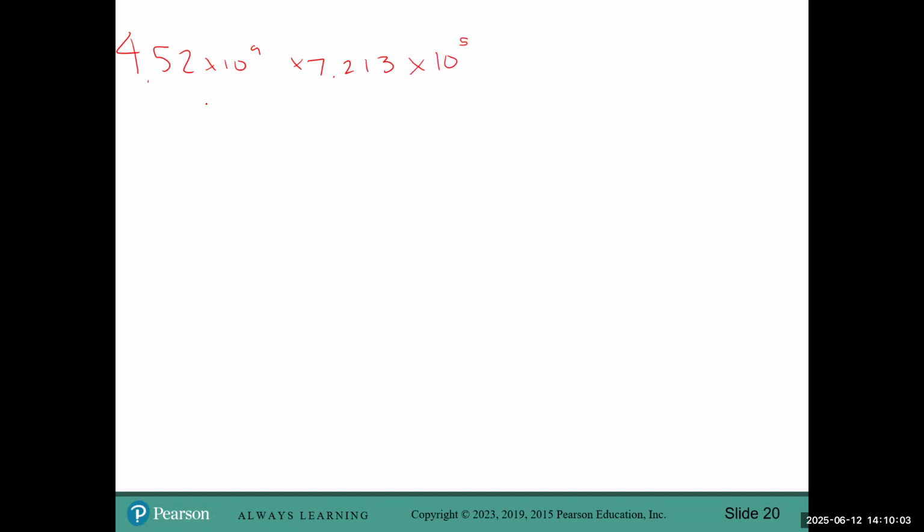Okay. So again, I'm going to change that order, and I would probably use a calculator to do this part. See what that is. I've got my calculator right here.